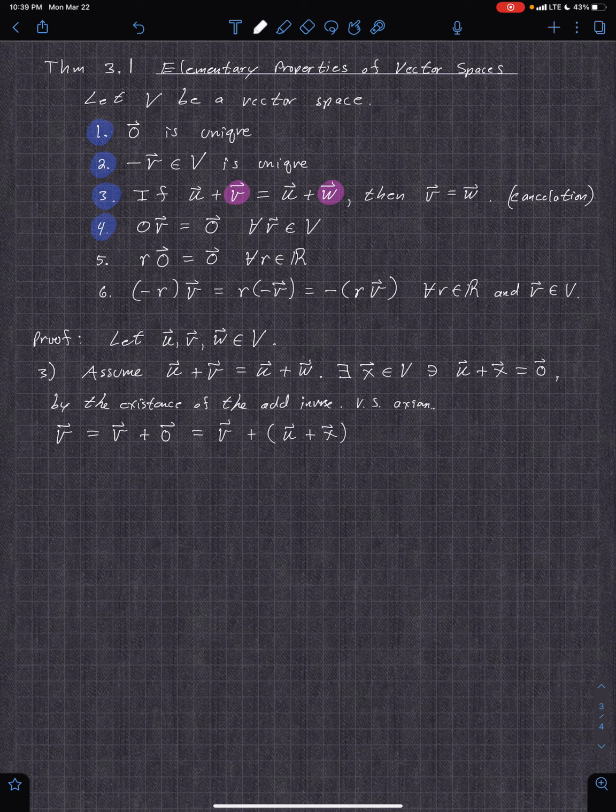Now, by associative and commutative, we can associate and commute, we can rearrange those terms and get V plus U plus X. Like that.